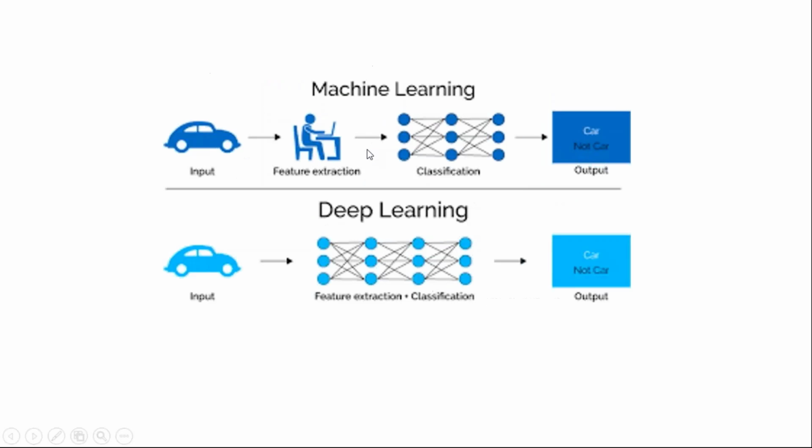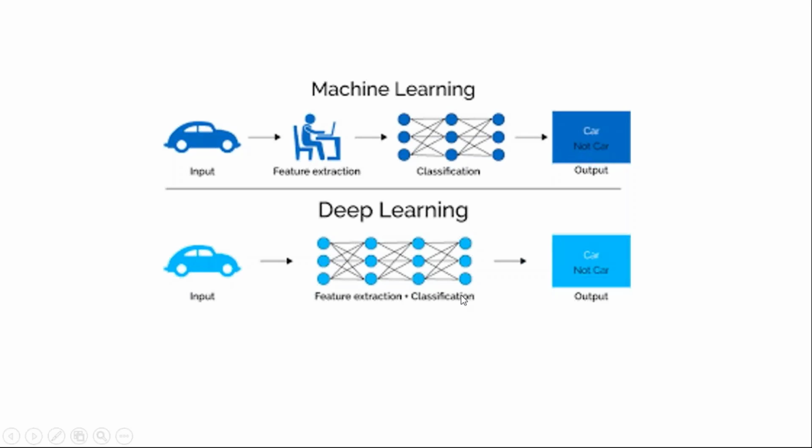Okay, now we will move on to what is deep learning and what is machine learning. In machine learning, one should do feature extraction of each data, and then the machine will try to learn the classification behind it, and it will give us the output.